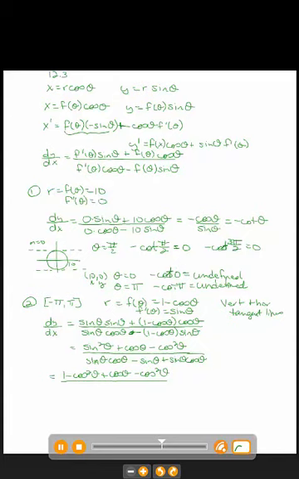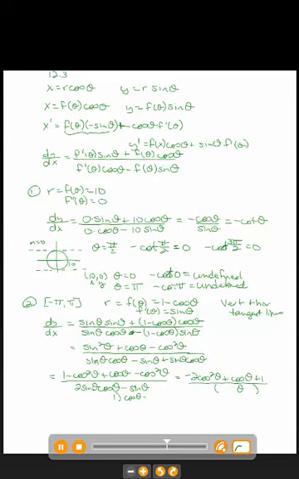And on the bottom, can I do anything to that? I can combine. I will have 2 sine theta cosine theta minus sine theta. Okay, on top, combining, I get negative 2 cosine squared of theta plus cosine of theta plus 1.